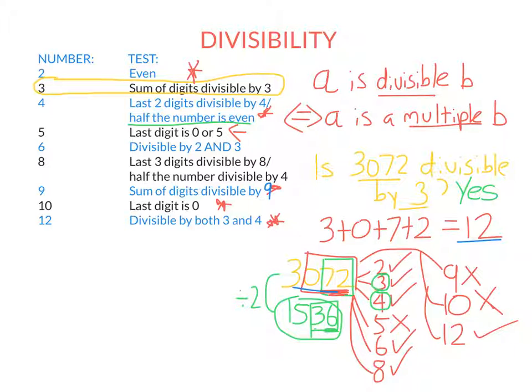So what I mean by that is, if a number is divisible by 12, it will be divisible by any factor of 12. It will be divisible by 6, divisible by 4, divisible by 3, divisible by 2. The other way doesn't work. If a number is divisible by 3, it doesn't mean it will be divisible by 12.